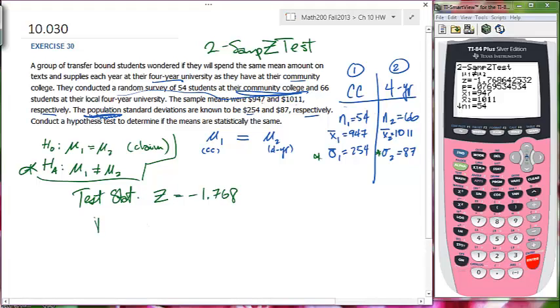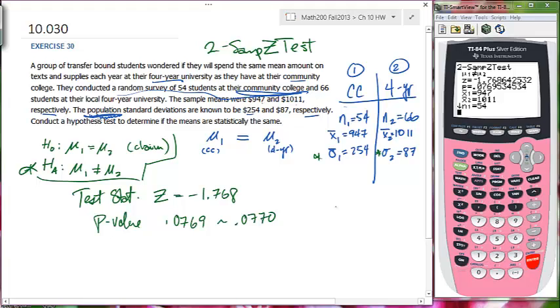Our p-value is 0.0769, so let's go with 0.0770. So that's our p-value.